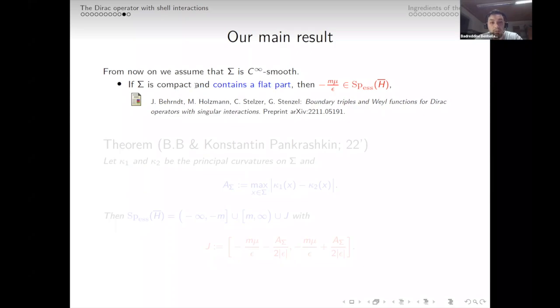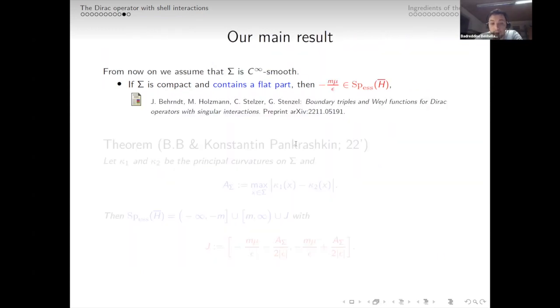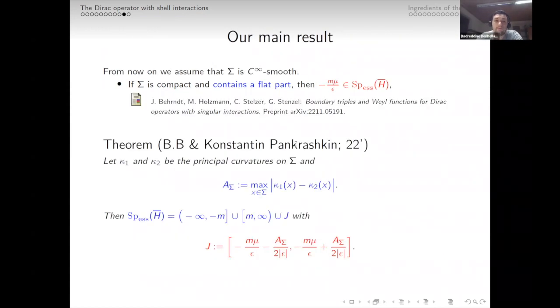In fact, they showed, again under this condition, in R3, that we always have this point in the essential spectrum. So we can ask, do we have the same characterization for a general compact surface? Well, the answer is no.